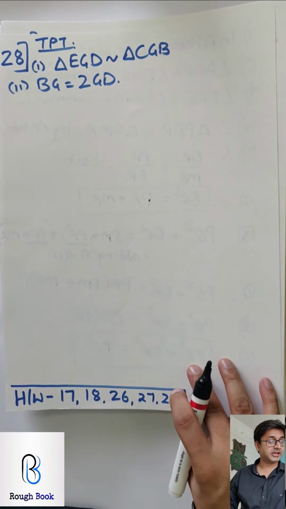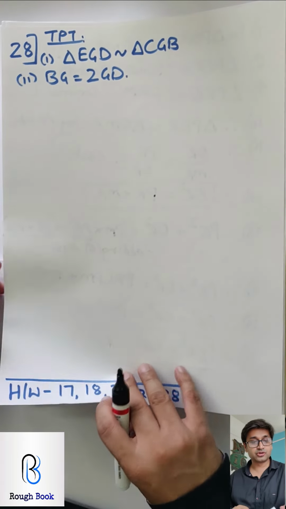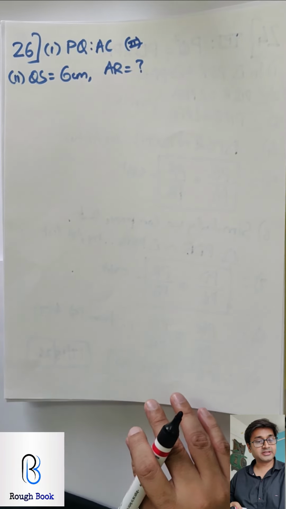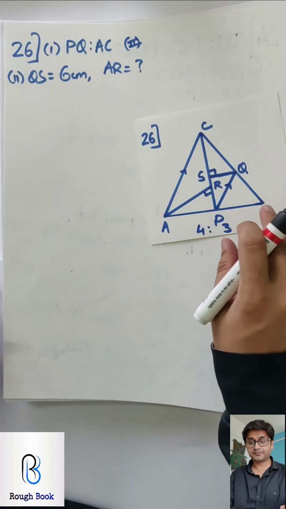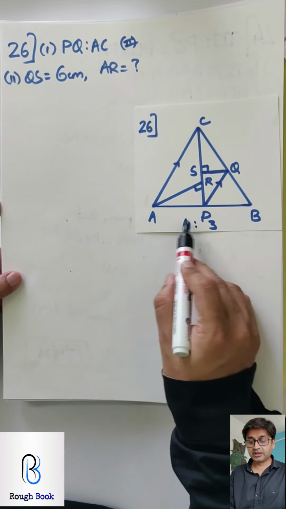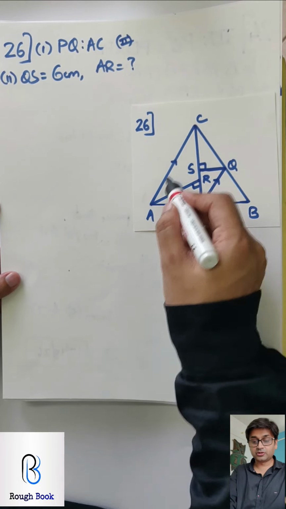Sum number 28. 28 is not that difficult. In fact, we should go for 26 first. Then we'll go on to 28. So 26, the diagram looks like this. They say that PQ ratio AC is what you have to find. You've been given AP ratio PB as 4:3. Your target is to find PQ ratio AC.